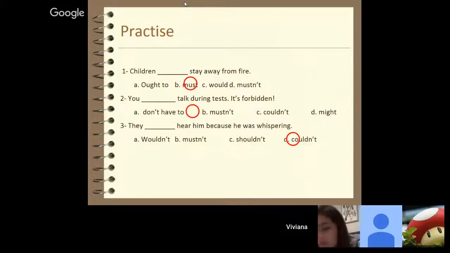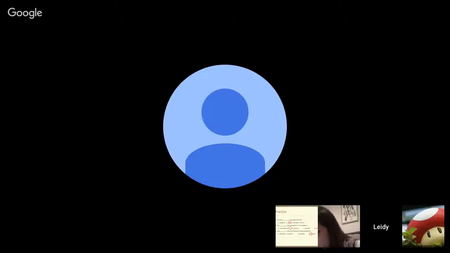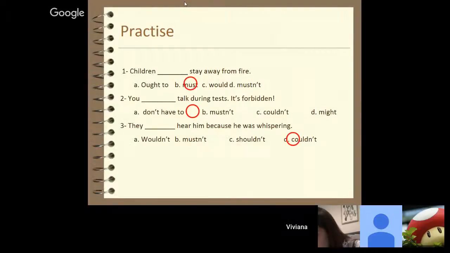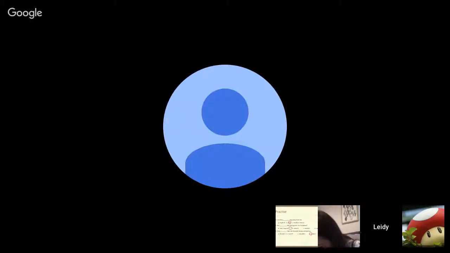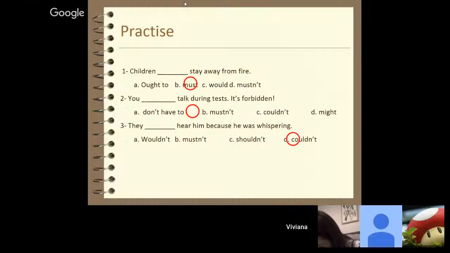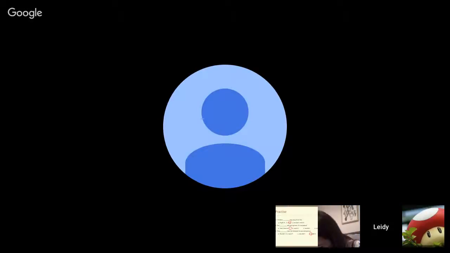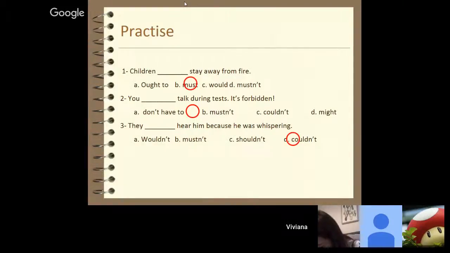Only should is now and ought to is later, más antiguo. Yes. I have not very clear that one. That is why I didn't explain that one.